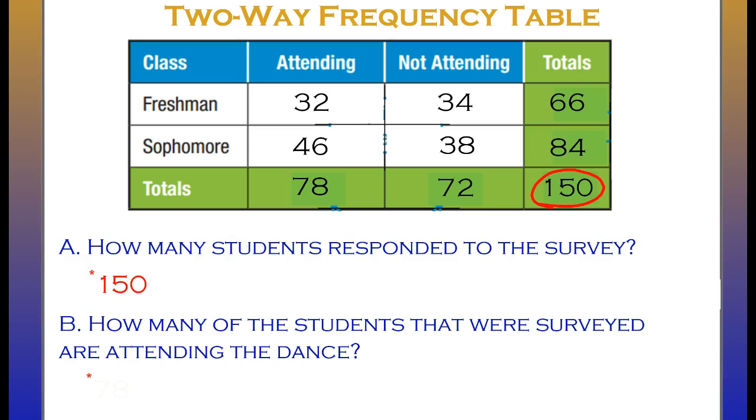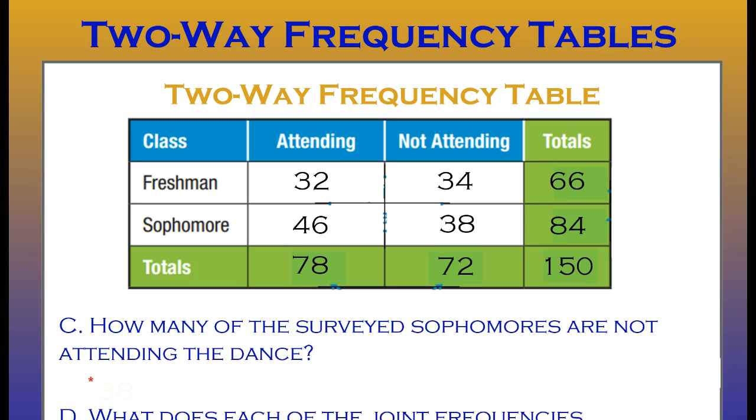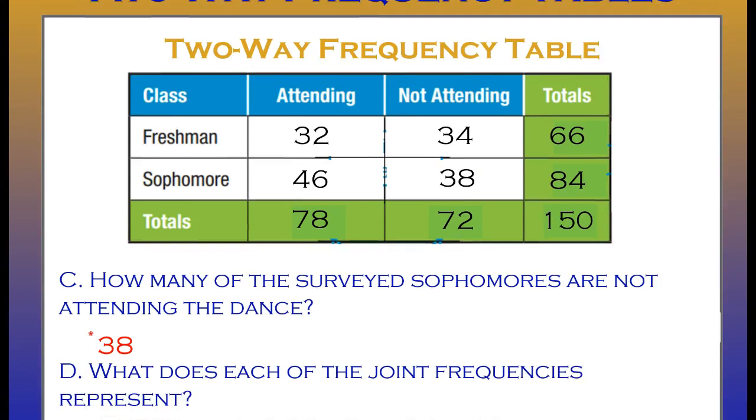It's just how many are attending, and that total number is 78. C says how many of the surveyed sophomores are not attending the dance. So I need to go to sophomores, not attending. That would be 38 total sophomores that are not attending the dance.